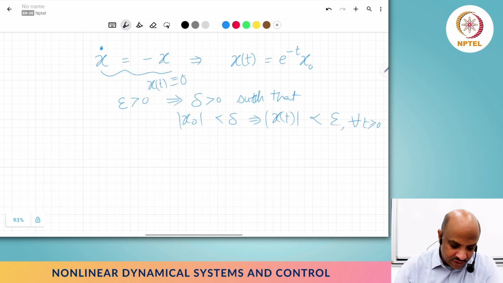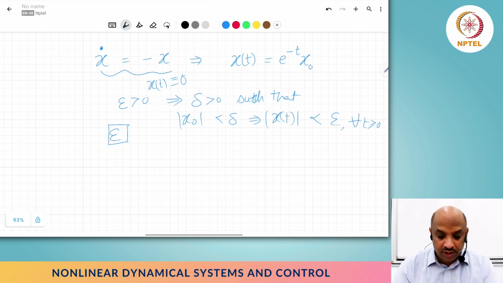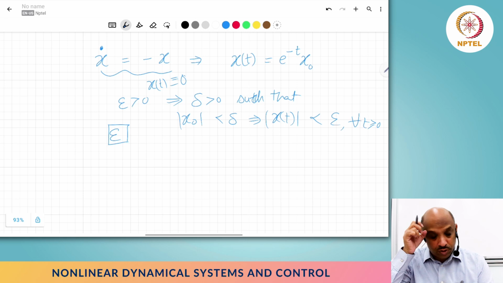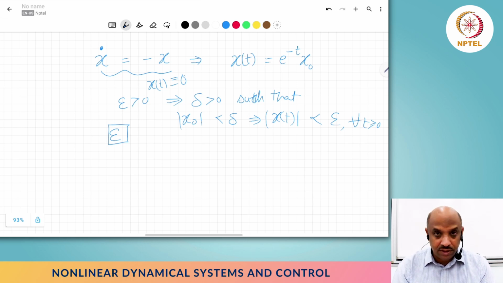Here they are scalars, so norm and absolute value are the same. For a given epsilon, it could be any number, can we find a delta? The bigger the epsilon, the easier it is to find such a delta, because if you want to remain in a big region, you can pick a very small delta. But as you start decreasing epsilon, it becomes more and more difficult to find that delta. That is the start close, remain close concept of Lyapunov stability.